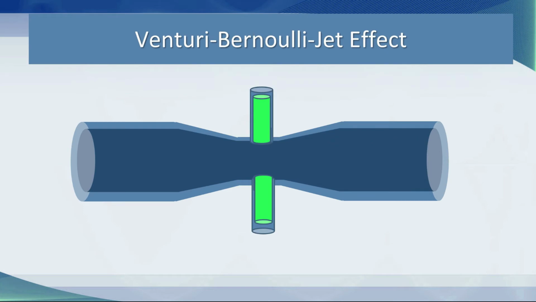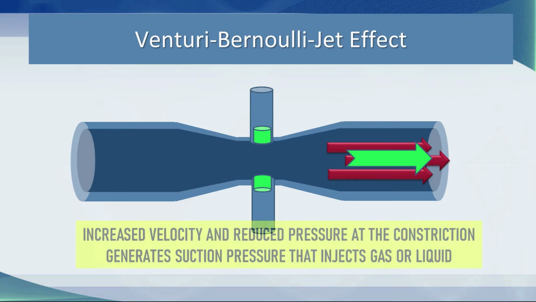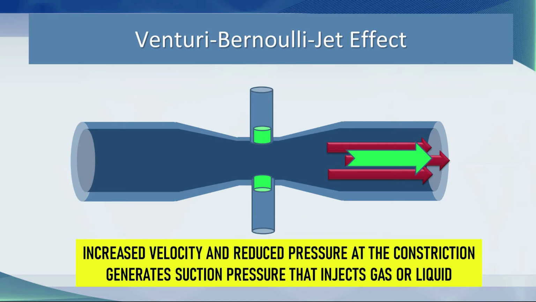Let's add some tubing to this picture that contains liquid or gas, and that tubing is going to be at the level of the constriction. Once the flowing gas or liquid enters the constriction, a negative pressure is generated on the side tubes, and the material in those tubes is sucked into the main system and mixed. This happens when you breathe through your mouth.